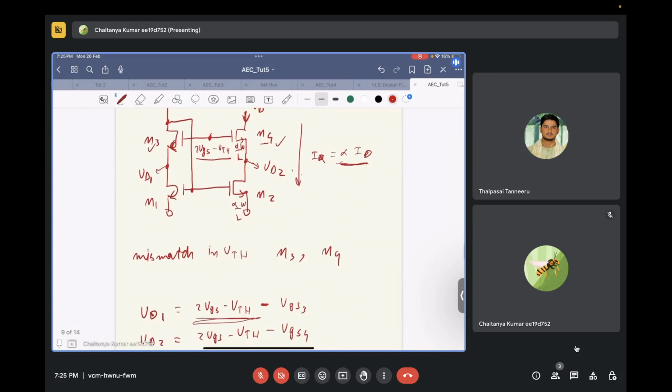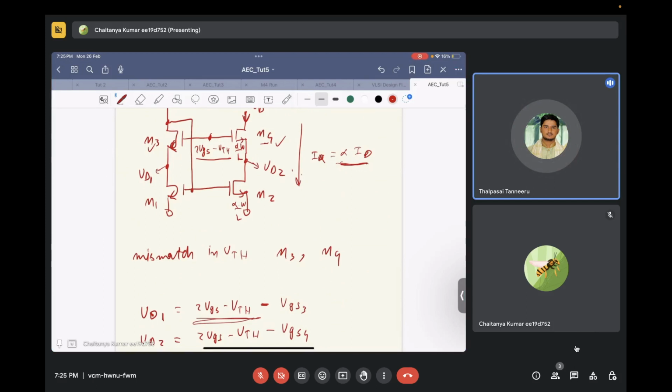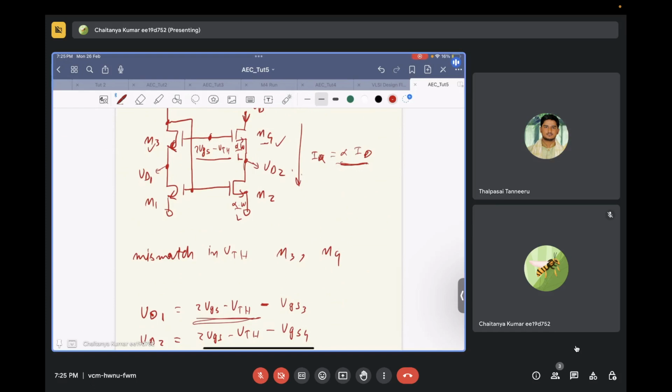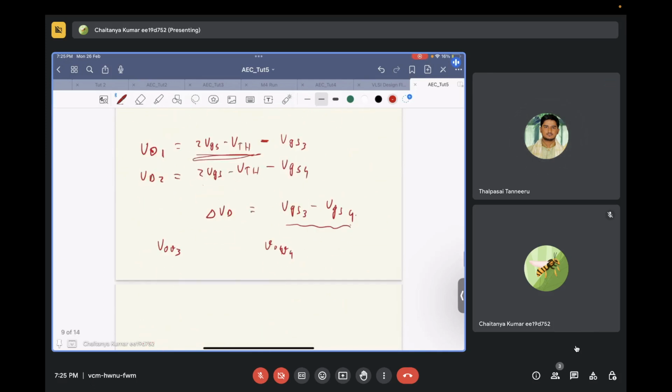Nominally VOV4 will be equal to VOV3. Do you agree? Yes, sir. Both gates are connected, and the current density flowing through transistors M4 and M3 are the same. So the overdrive voltages will be nominally the same, right?